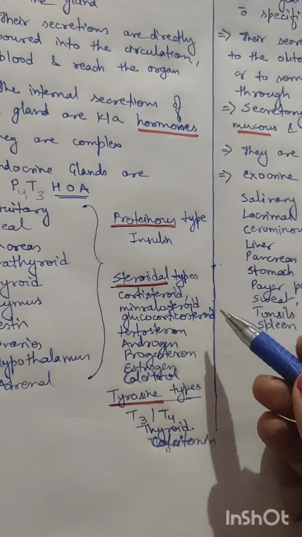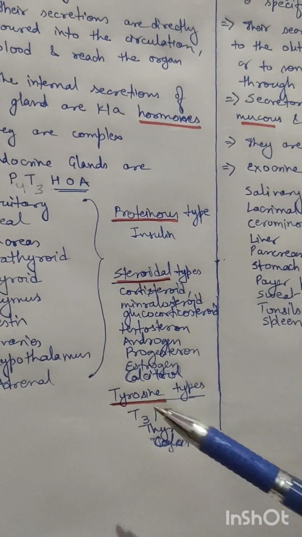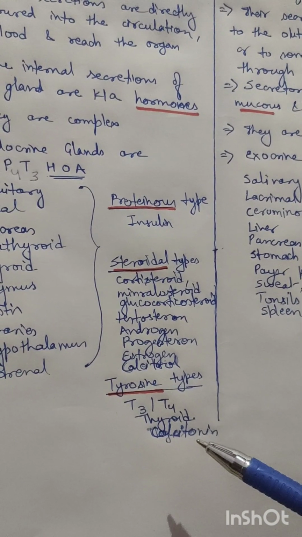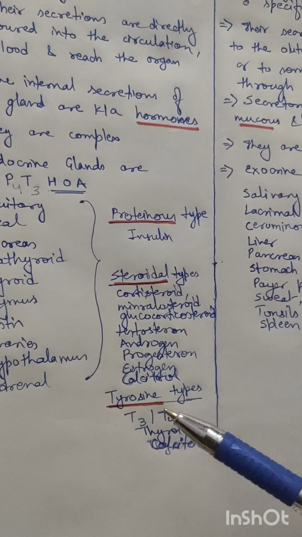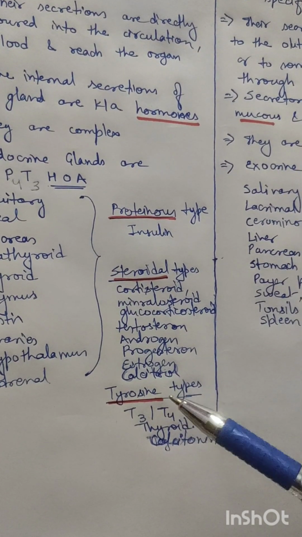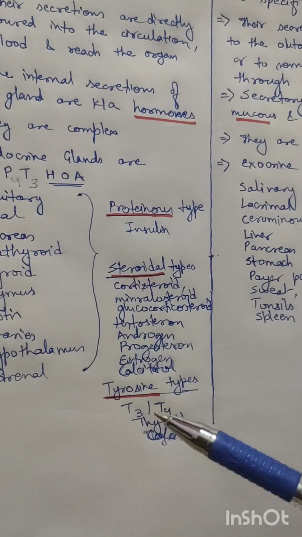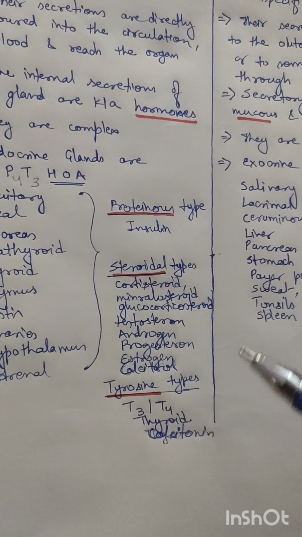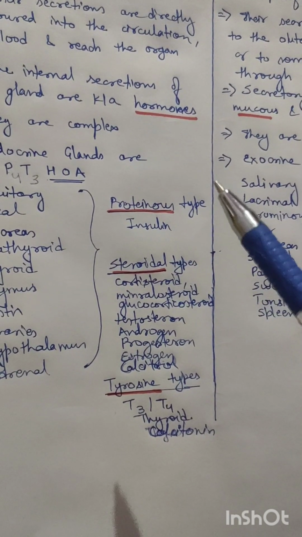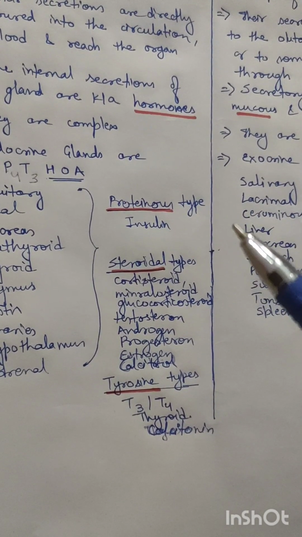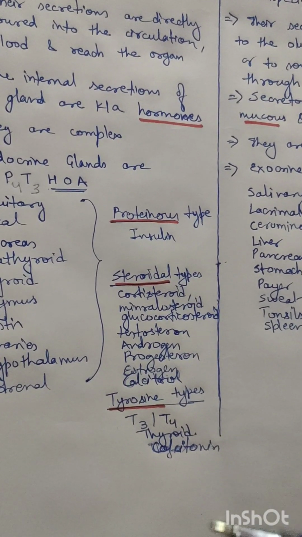This comes in the steroidal type. Another type, tyrosine type: here come T3, T4 and calcitonin. You could say tyrosine is a type of proteinous hormone, but tyrosine is not present in all proteinous hormones, so it's better to keep this in a separate group.